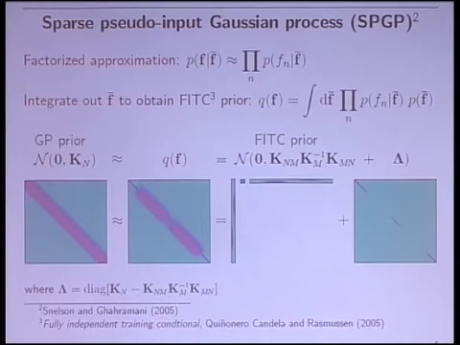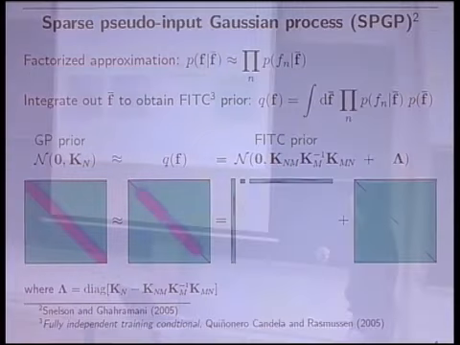Now, the important point about this prior is really summarized, rather than looking at equations, in this picture here. This was the original full rank covariance matrix. The approximation actually looks like this, and it's made up of a very low rank part. So these are just very thin rectangular matrices here. These covariance matrices correspond to the covariance between all the training inputs and just the very small basis set that we've chosen. So there's nothing too new in this part.